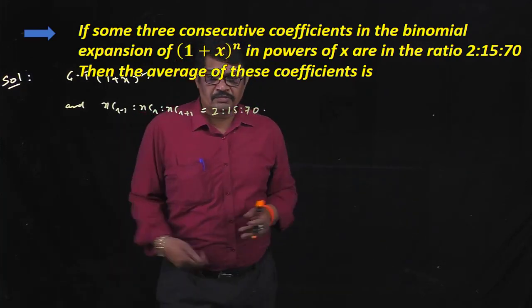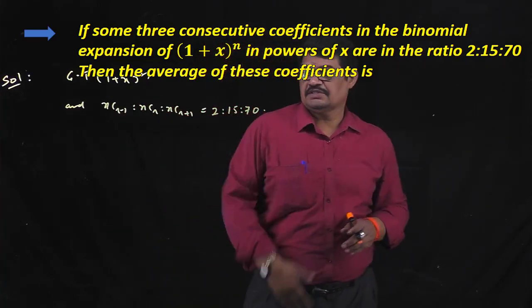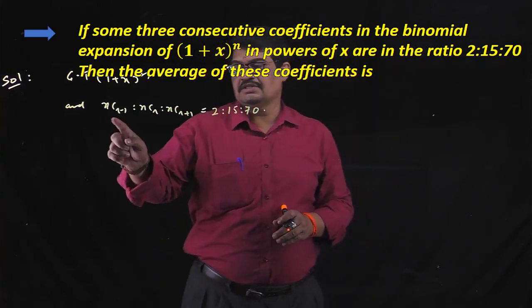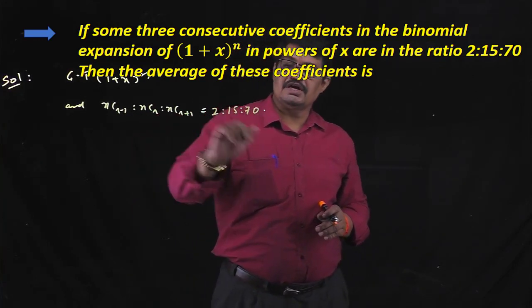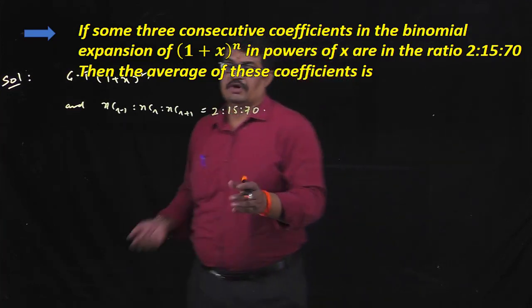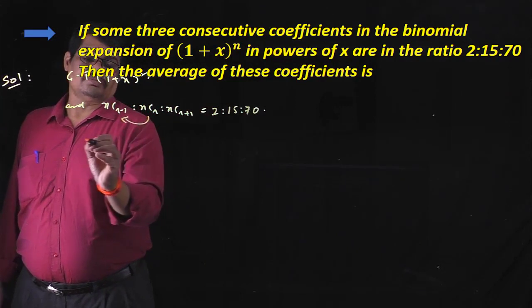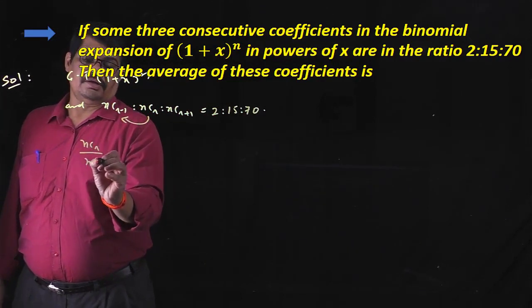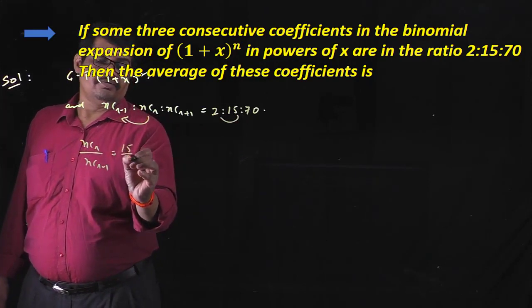From that we have to find the average of these coefficients. So that is (nCr minus 1 plus nCr plus nCr plus 1) by 3. Now we calculate that. From this we take these two, nCr by nCr minus 1, that is 15 by 2.